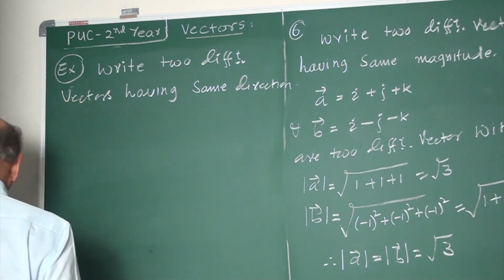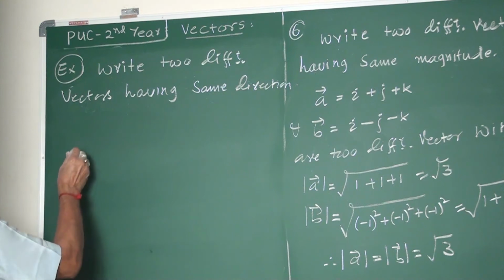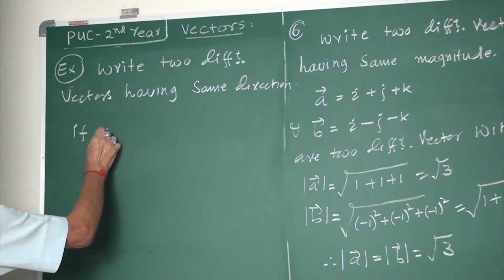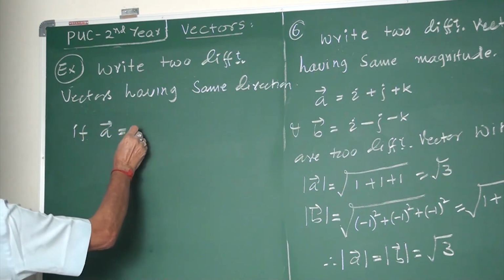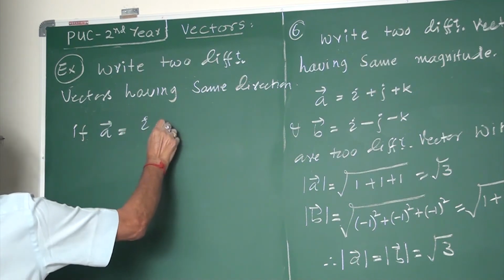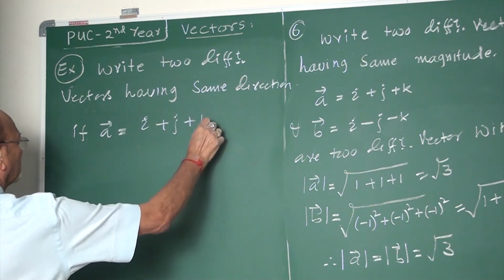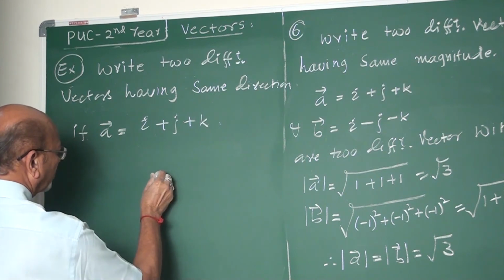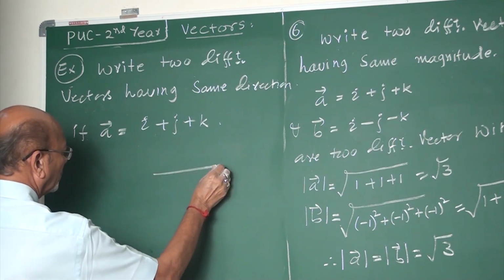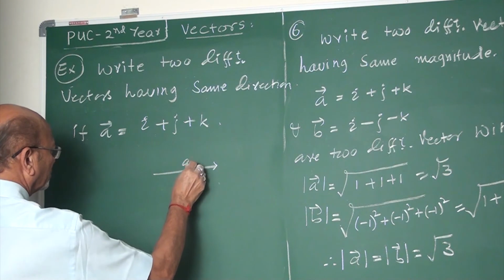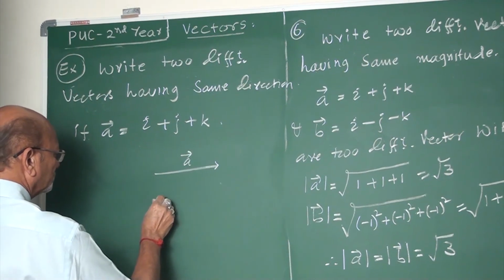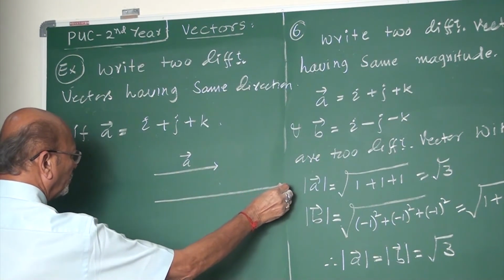In this case, if you take vector A as i plus j plus k, yes, this is vector A. What is this? This is vector 2A.